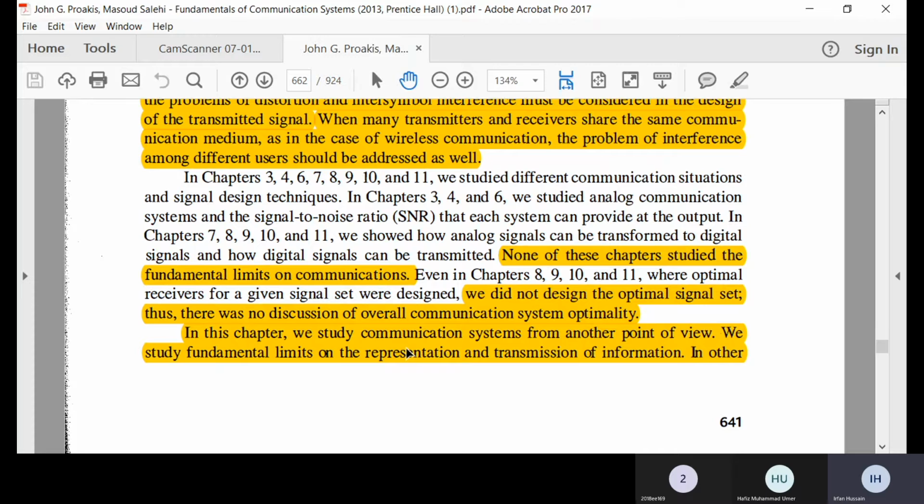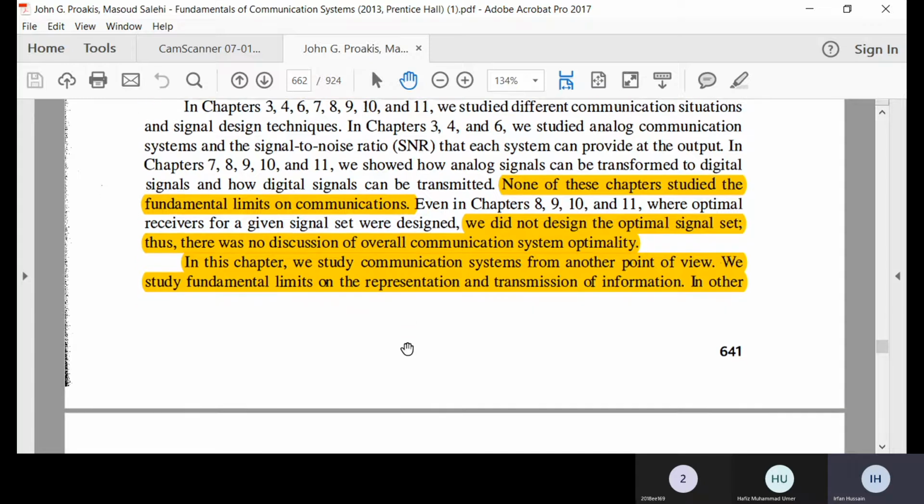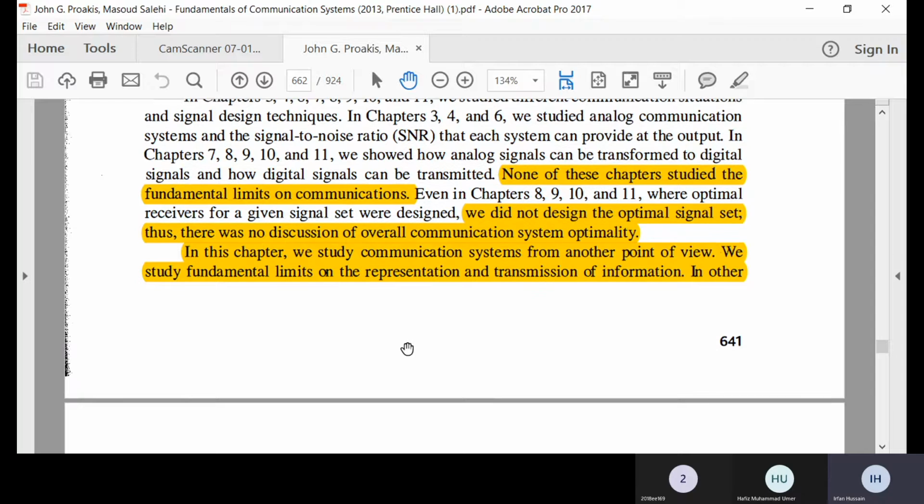But none of these chapters explored the fundamental limits of communication. We even defined optimal receivers for digital communication in chapters 8, 9 and 10 that were studied by us. But again, there was no discussion of overall optimality of the communication system.